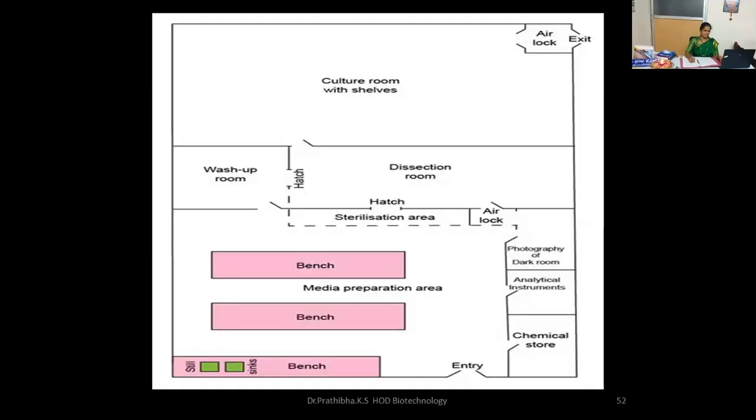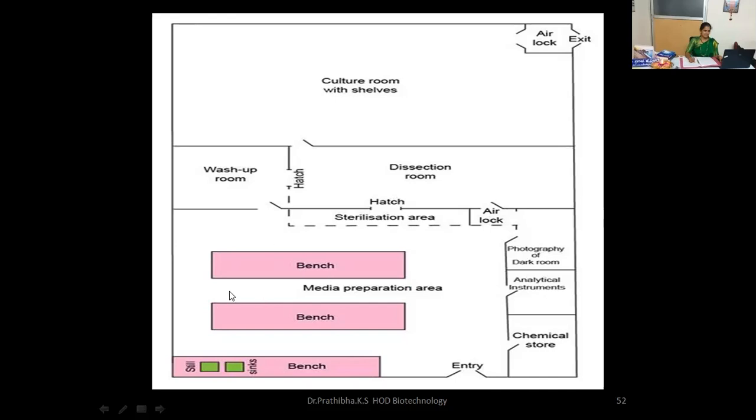Now let us go through the laboratory organization. Here you can see the general laboratory, which you can call the washing area or media preparation room. In the washing area, all the washing of the glasswares will be done. Then we can also see the storage area.